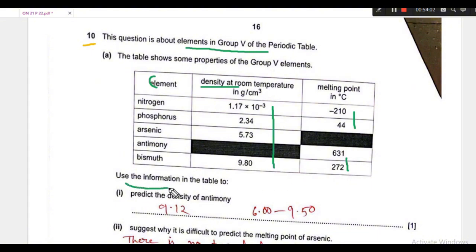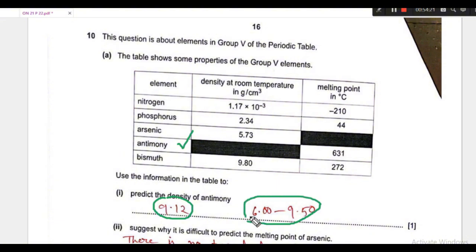Now use the information in the table. Predict the density of antimony. How much is this density? You can write 9.12 or 6 to 9.50, any values. How do you get this value?